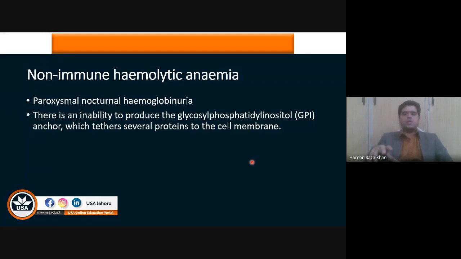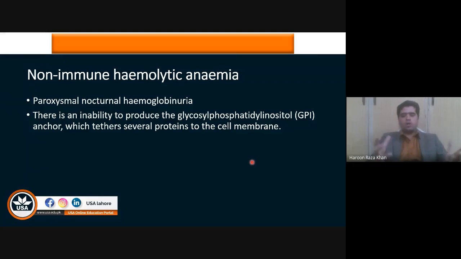The manifestations of this disease will be abnormalities in the hemopoietic functions, leading to intravascular hemolysis, venous thrombosis, or even bone marrow aplasia in severe cases.